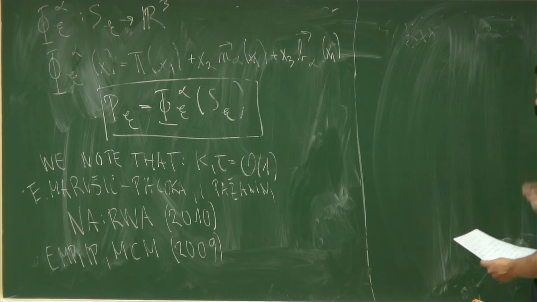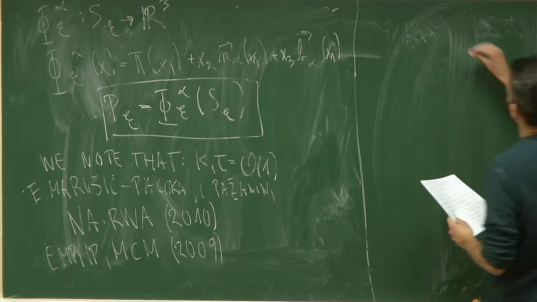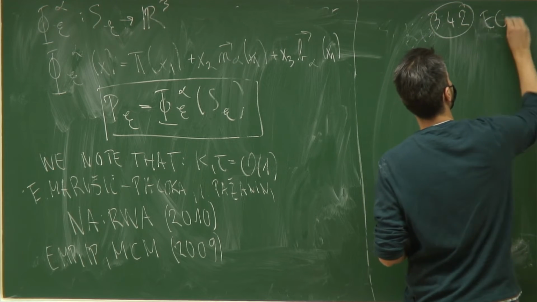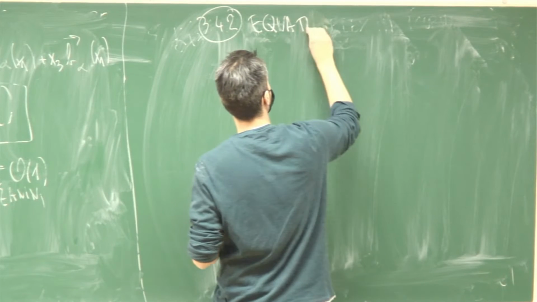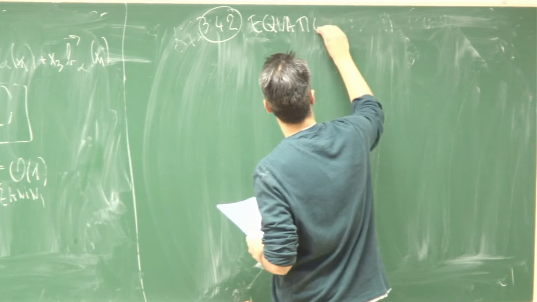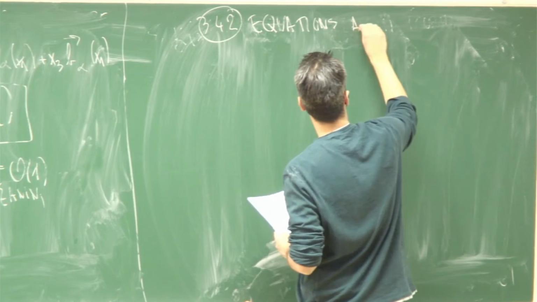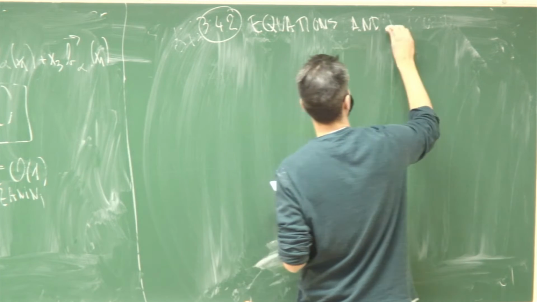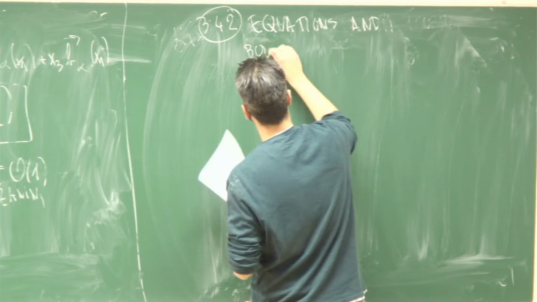So I would like to talk a bit about the equations. Let's see how you can transfer the problem from the curved pipe to the straight pipe. So, equations and boundary conditions.